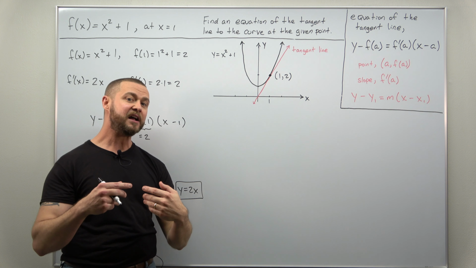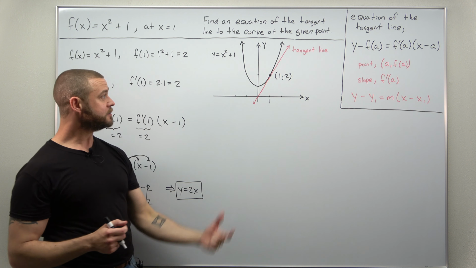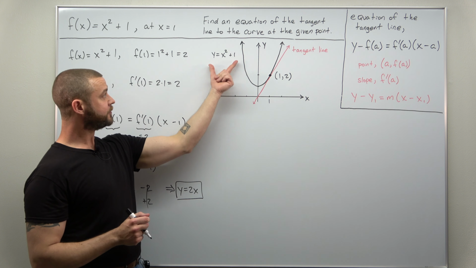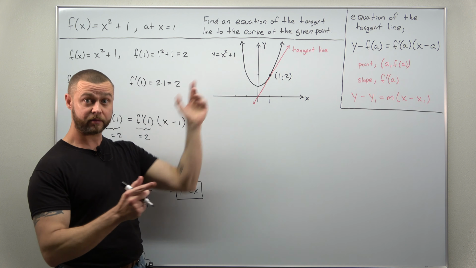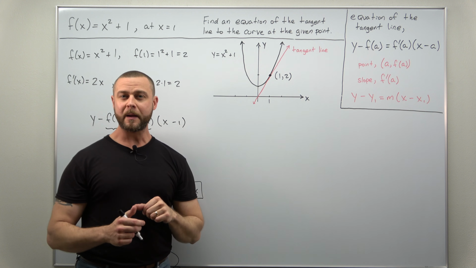So anytime you're asked to calculate an equation of the tangent line, see if you can visualize what this looks like. That might be simple if your equation for the curve is simple, but if the equation is more complicated, that might be harder to do.